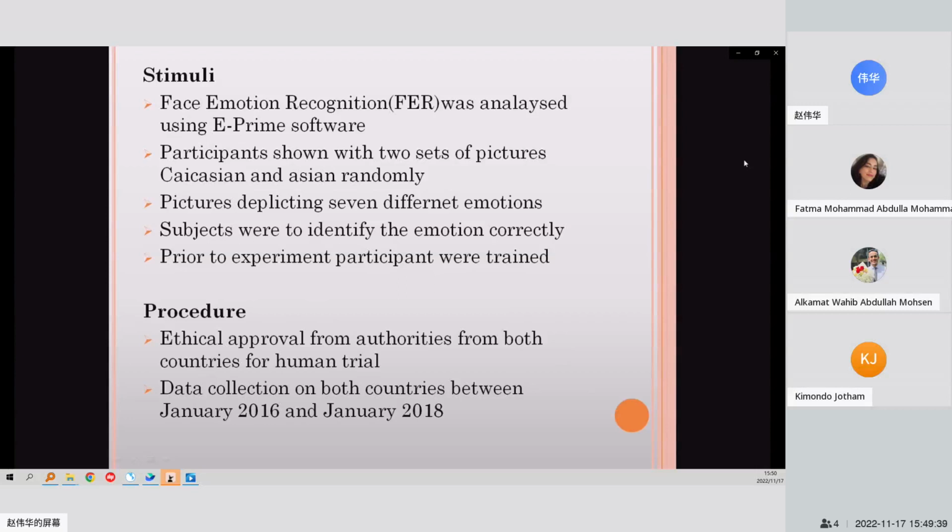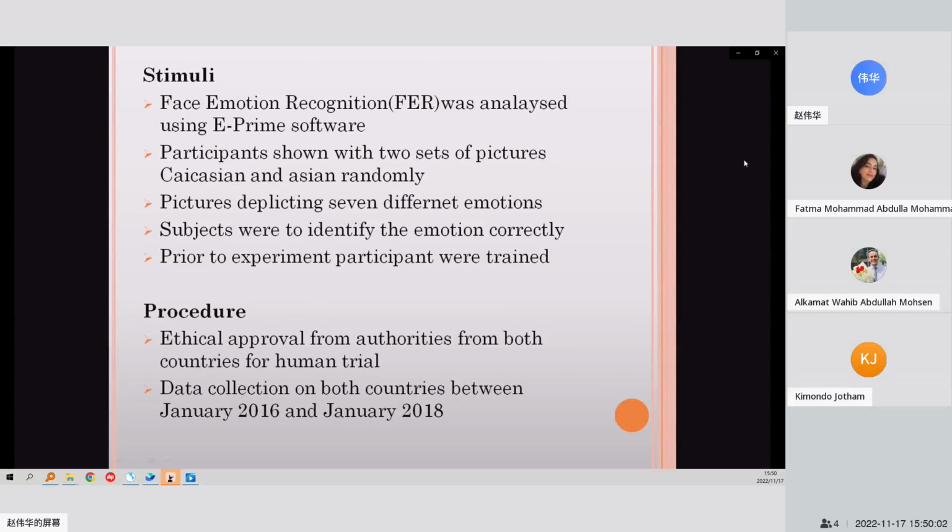The facial emotion recognition task was developed and presented using E-Prime software, which is a psychological software tool. Participants were shown two sets of pictures, Australian and Asian, randomly.